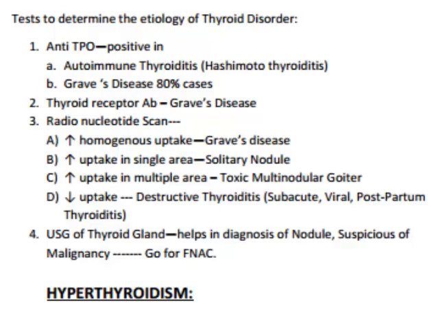Next, we will go for TPO antibodies, that is thyroid peroxidase antibodies. If it is increased or positive, it is a case of autoimmune hypothyroidism. If it is negative, then other causes of hypothyroidism should be evaluated.